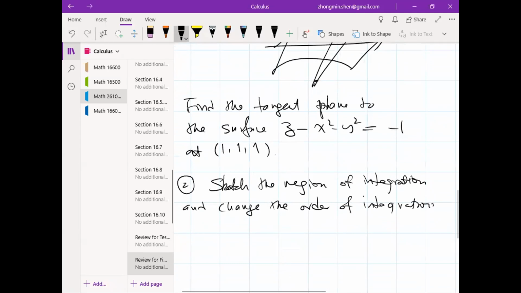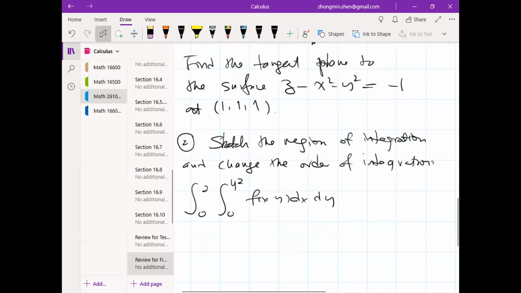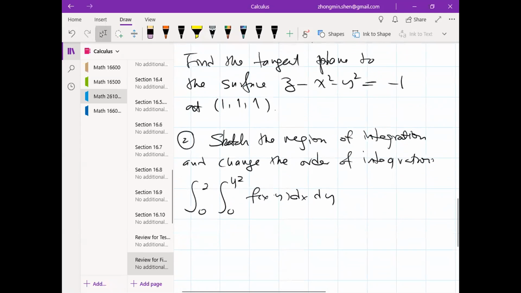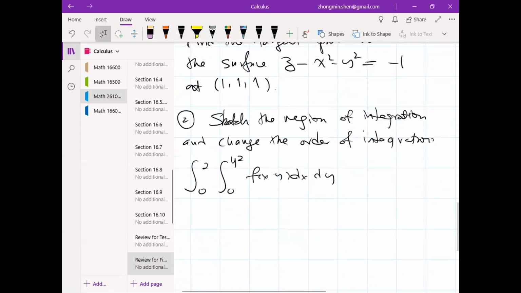Then you have to give me the two integrals. So you really need to understand how we get this iterated integral from a double integral. You have to find the region of integration, otherwise you cannot just switch the order.